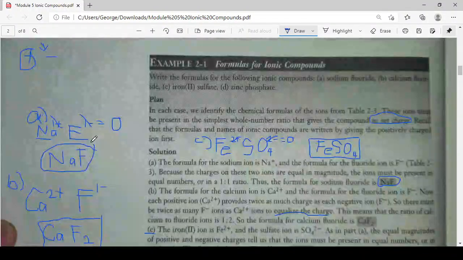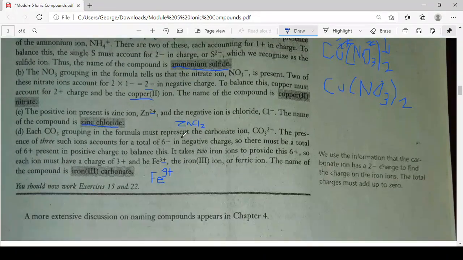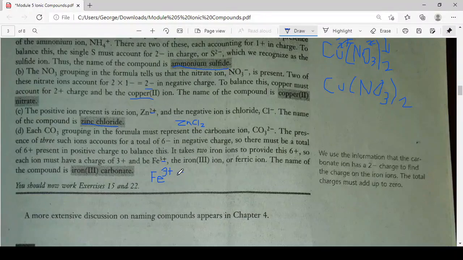So iron 3 has 3 charges, okay? Of your cation. Cation again is a positively charged ion. Next, you have your carbonate. Your carbonate is only of 2 charges, CO3, open close parenthesis niya, 2 negative.